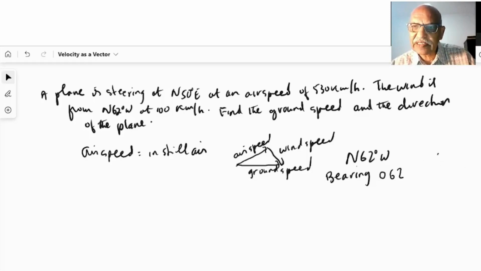Bearing always means from north, clockwise from north. So it's always from north.